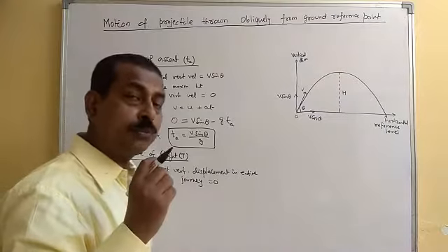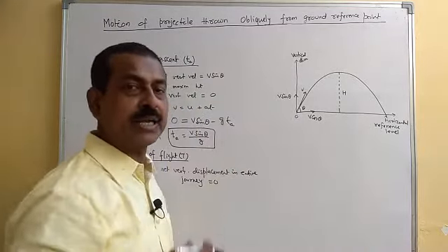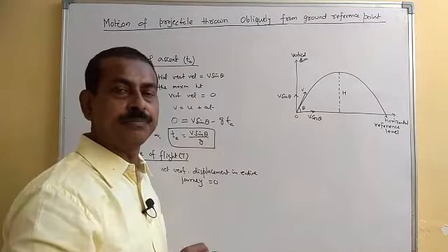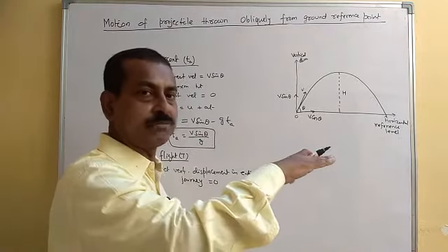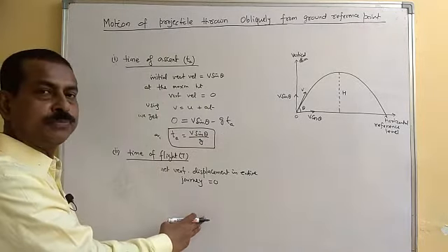Now why is it 0? Because the point of projection and the point where it is ending its journey, both are lying at the same horizontal reference level. So that is why the net vertical displacement will be 0.